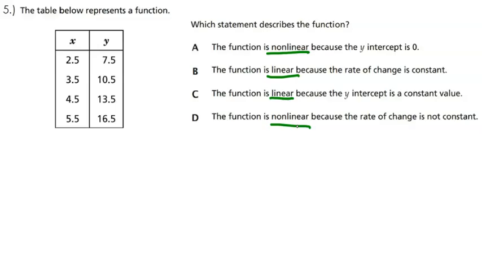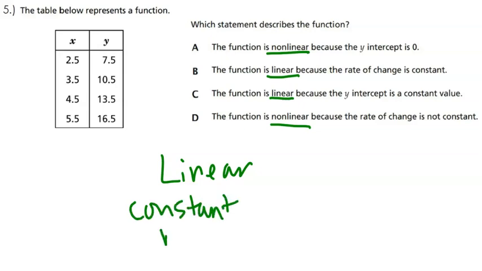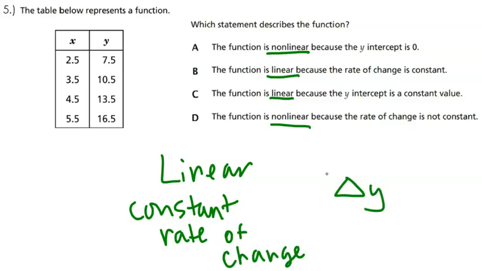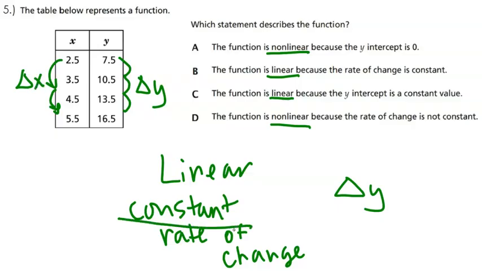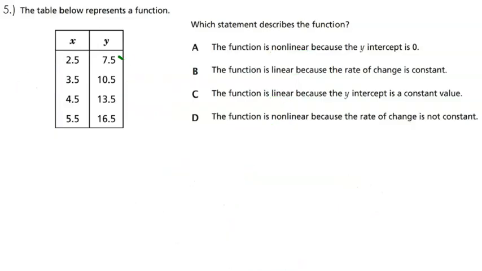And whether something is linear, which means it has a constant rate of change, means that the pattern of the y's, what's happening here, and the pattern of the x's, what's happening over here, is constant. So let's take a look.